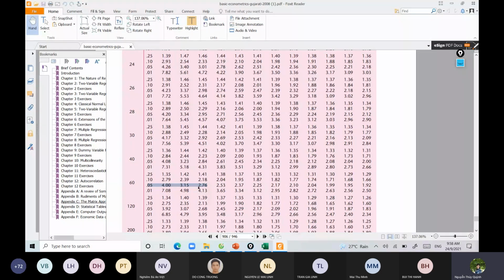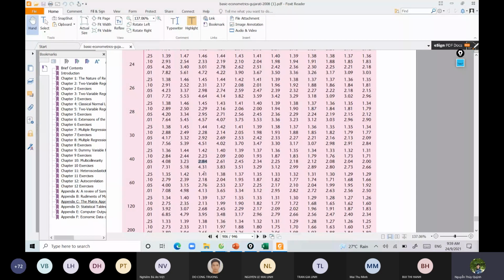Okay, so we might want to take a number between these two. And because 45 is closer to this one, the value must be maybe 2.8. Okay, 2.8, which is closer.